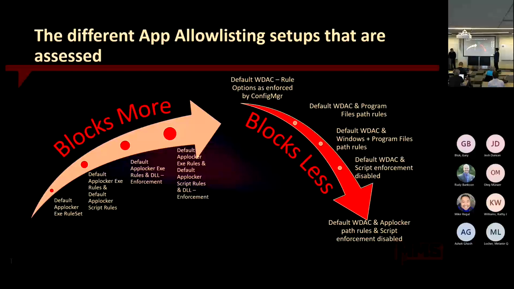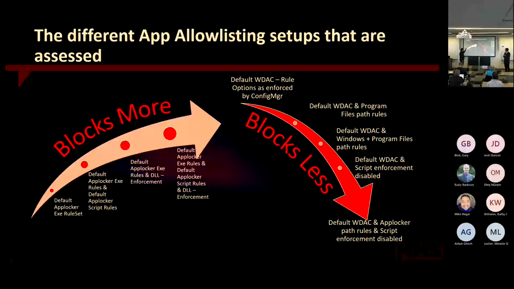So what are the different setups that we have been talking about? That was the columns. This side is AppLocker, that side is WDAC. Basically, what we see most often is the default AppLocker rule set, which just blocks executables from being executed.